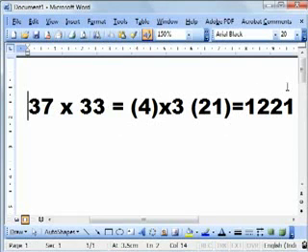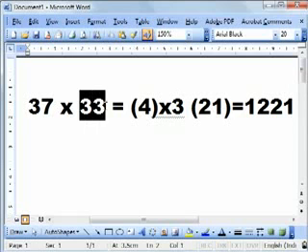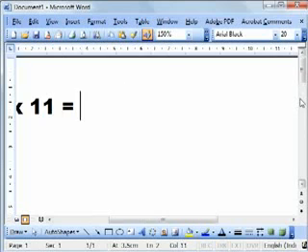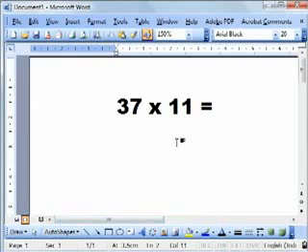Let's try this itself. 34 multiplied by 11. Please note that this rule is applicable only for two digit numbers.